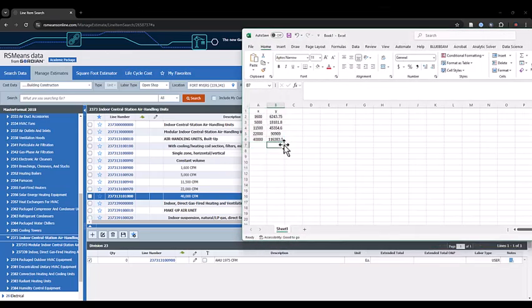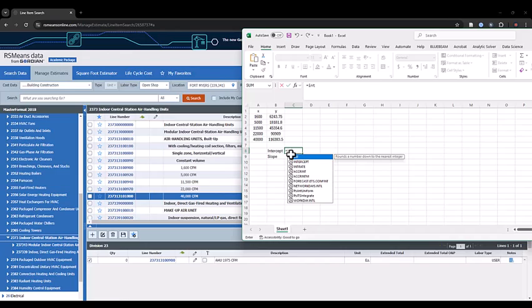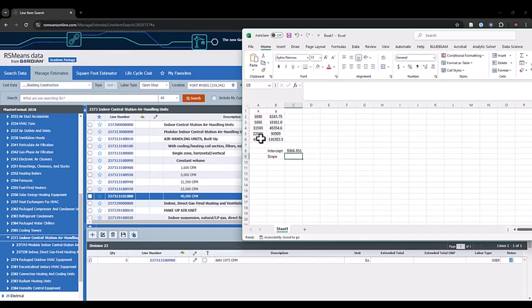And then you can calculate. First of all, you need to calculate the intercept, and calculate the slope. Intercept will equal the intercept function here, then select the y-axis, select the x-axis, enter.